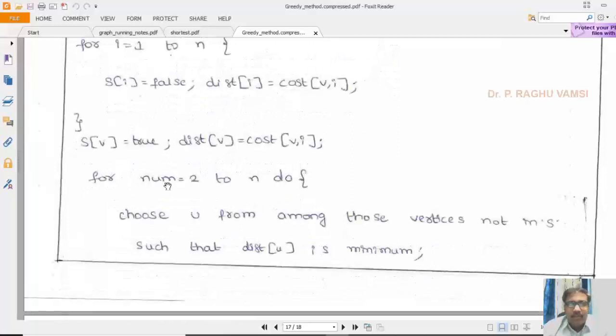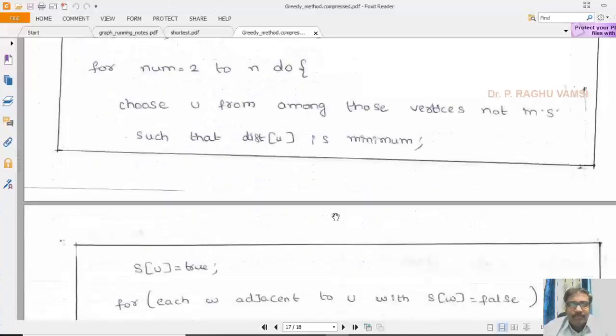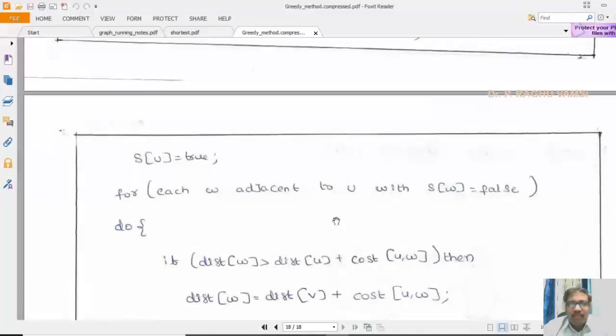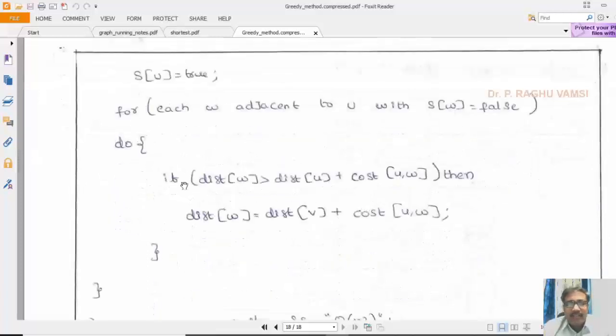Then for number equals 2 to n, choose u from among those vertices not in S such that the distance of u is minimum. You pick the starting vertex, assume it is 0, and for each vertex w adjacent to u, you calculate like this: if distance of w is greater than distance of u plus cost of (u, w), then the distance must be updated.